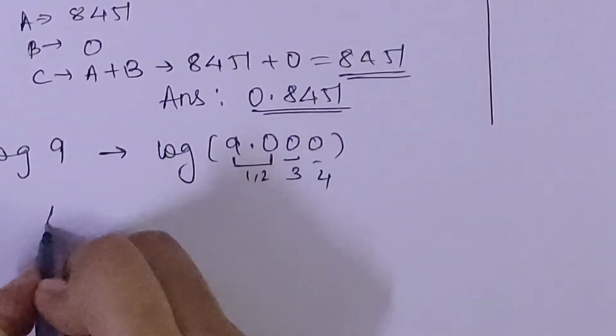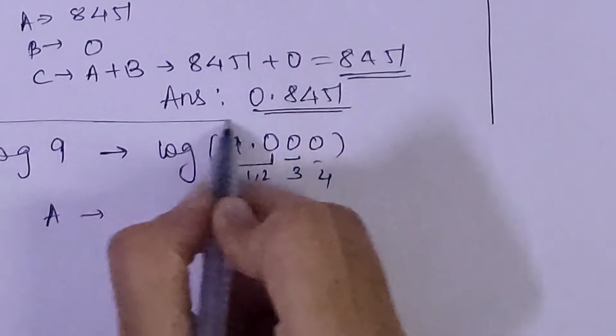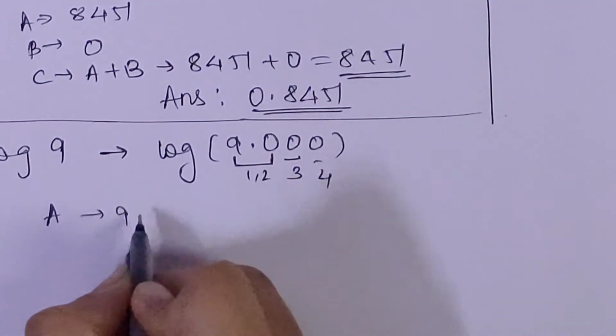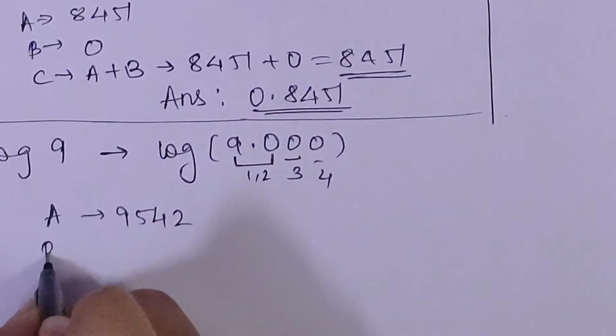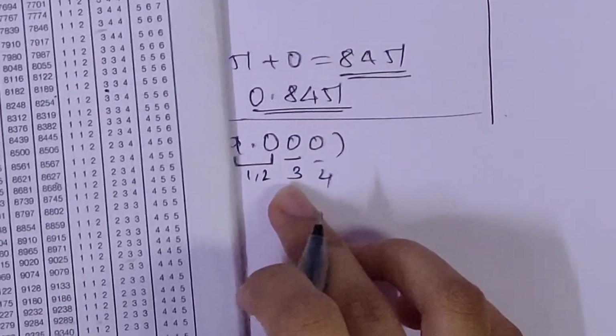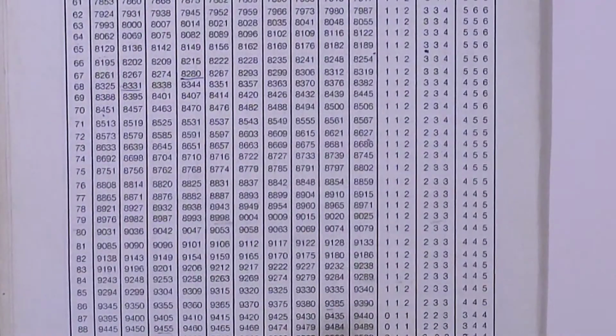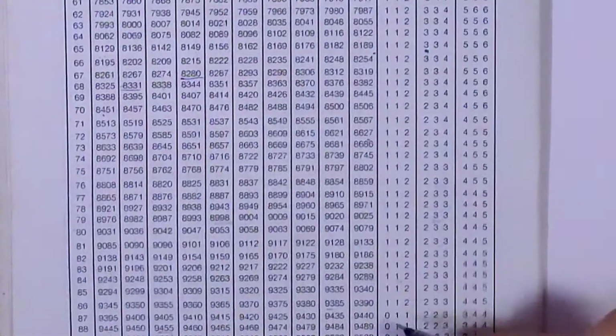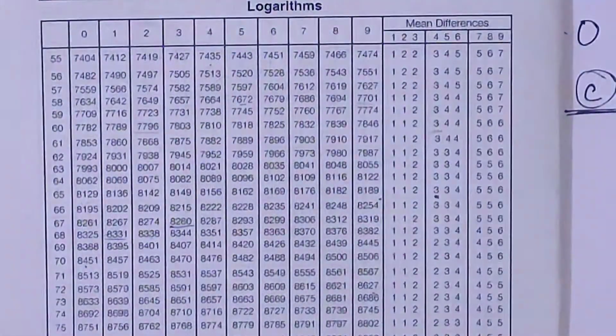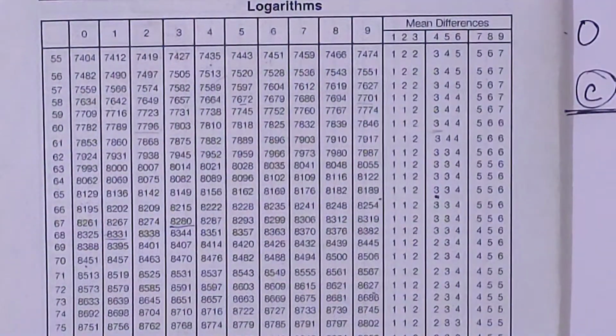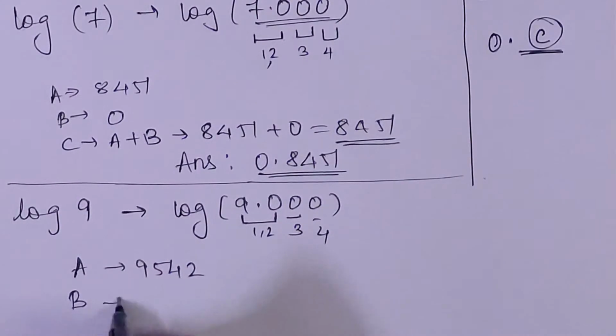I'll just write down my A, 9542. My B: what did I search? 90 in 0 because my third digit was also 0. And you don't have your mean difference because 0 is not there in the mean difference. So that will be your B is 0.